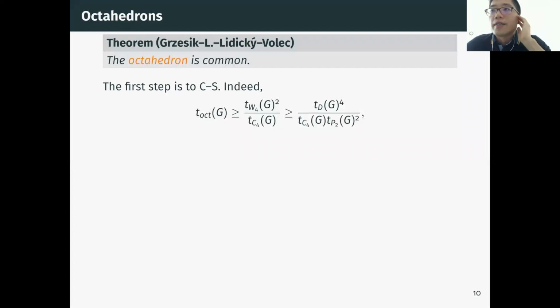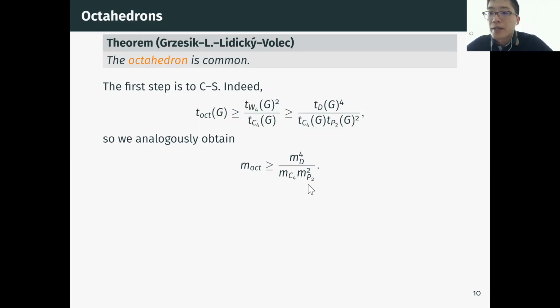So this is a Cauchy-Schwarz, and then I plug in this Cauchy-Schwarz bound again. Okay, so in a similar way, as you've just seen, I can just translate this in terms of the monochromatic copies by using some simple convexity argument. So this is the inequality we have.